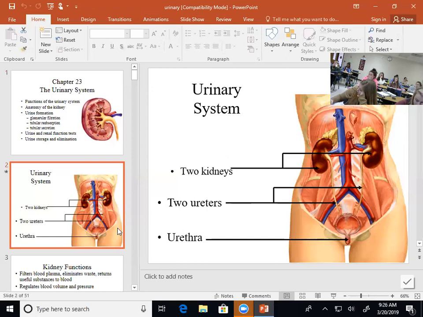And so what are women supposed to do immediately after intercourse? Urinate. Why? Because every act of voiding for men and women rinses and cleans out that urethra, the urethral tip. So it's protective to urinate frequently.